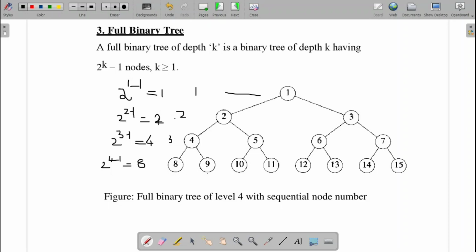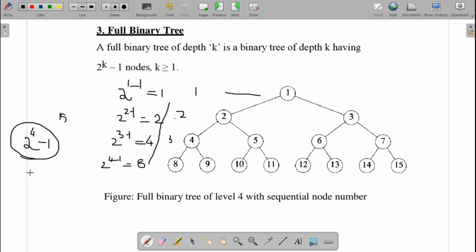So if I total all the elements over there, it is 8 plus 4 plus 2 plus 1. 8 plus 4 is 12, 12 plus 2 is 14, plus 1 is 15, which will be equal to 2 power of 4 minus 1. That is, a full binary tree will have this many nodes.